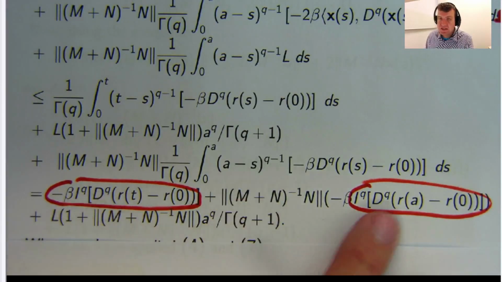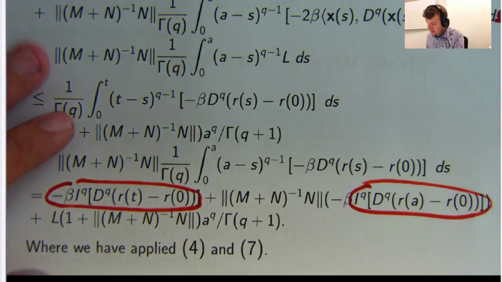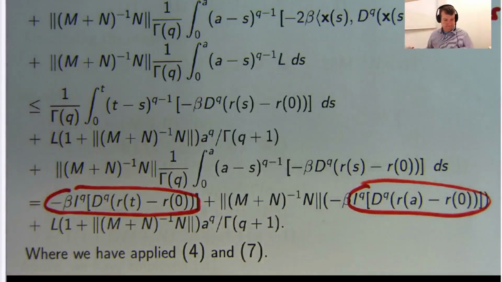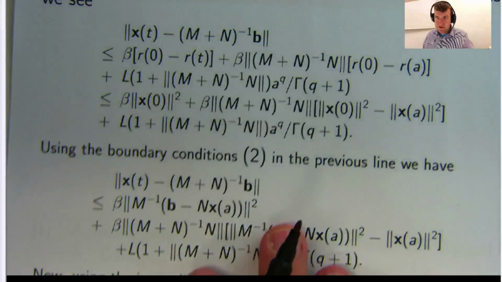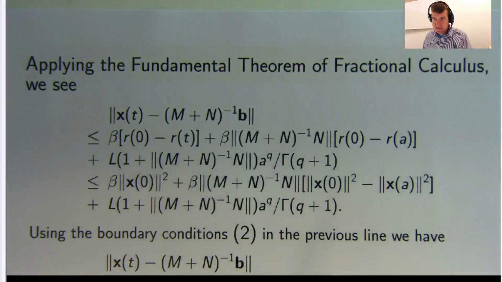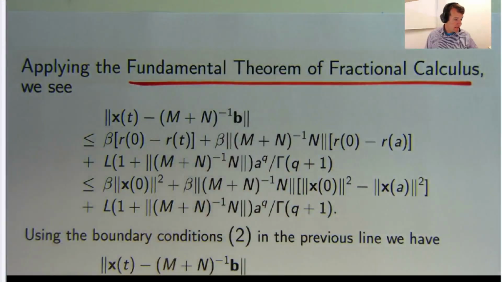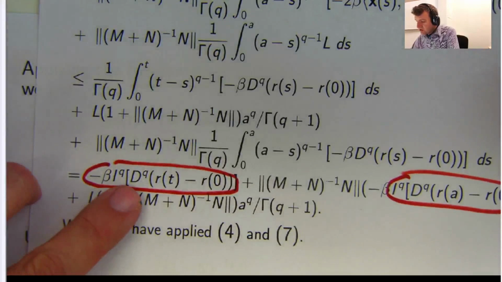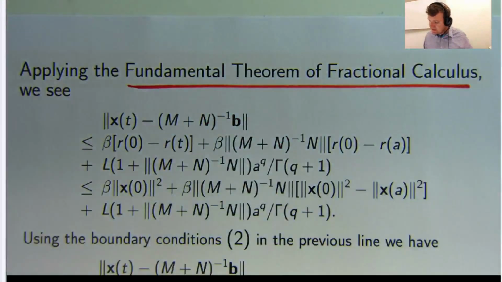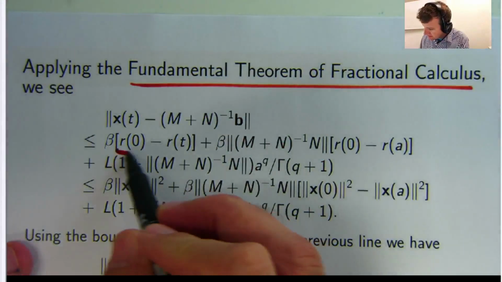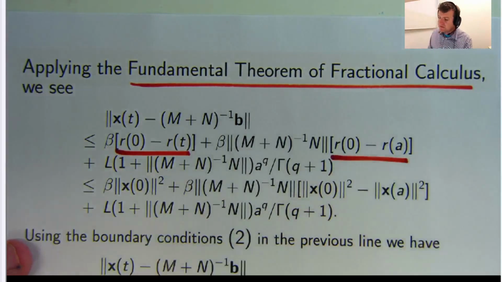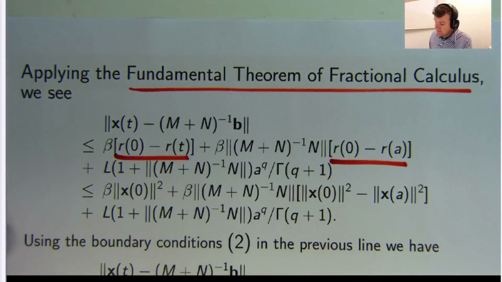So they cancel each other out. All right, so I've got that on the last page. So the fundamental theorem of fractional calculus means that the I^q and the D^q cancel each other out. You end up with something like this. Remember, R of t is just the norm of x squared.